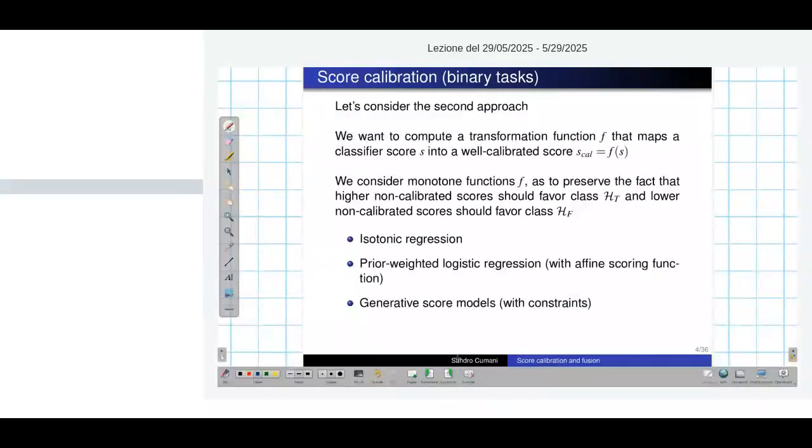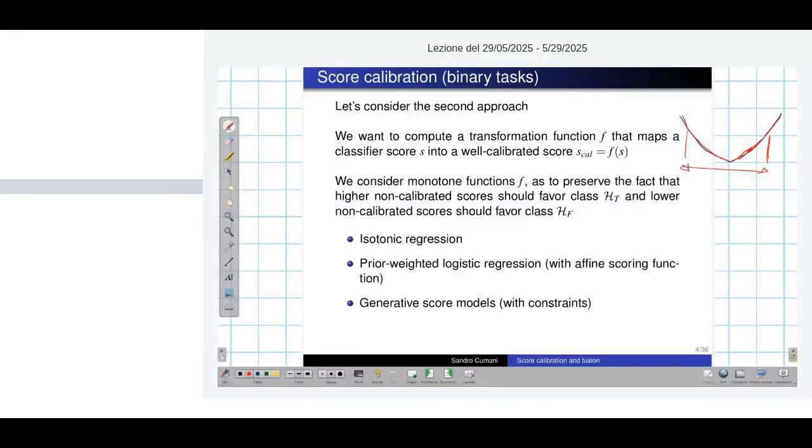For example, you have seen models where the mean DCF, in the bias plots, looked something like this, and the actual DCF was very close, which means that for any of the applications in the range we considered, using the theoretical threshold was providing the same results as using the optimal threshold for that application. This is an example of scores that are well calibrated for many different applications.